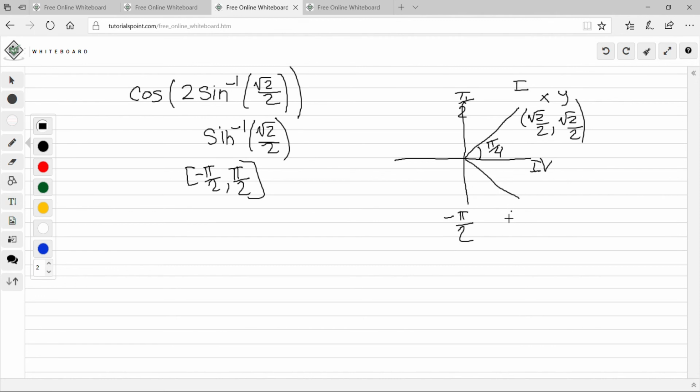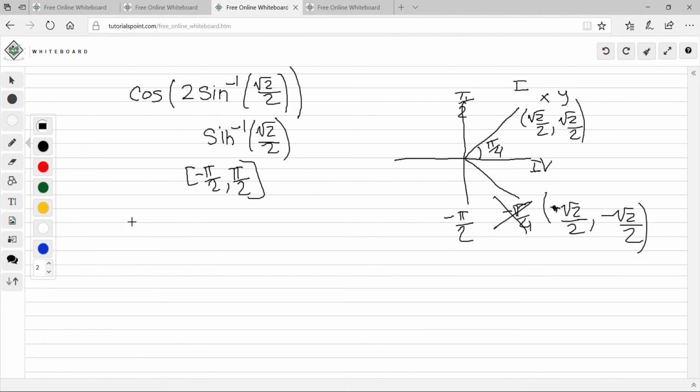Negative pi over 4 will not work, right? Because it has a cosine of positive root 2 over 2, but has a sine of negative root 2 over 2. So we can't use negative pi over 4.